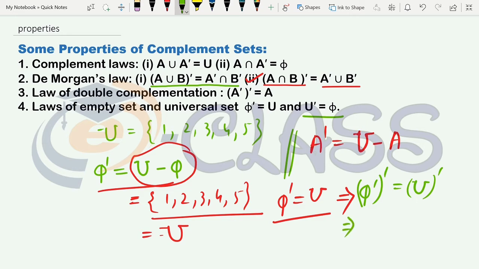Now according to the third law, A complement complement equals A. So phi complement complement equals phi, and equals universal set complement. So this is the proof that the universal set complement equals phi. That's all. So you have to remember these 4 laws or properties.